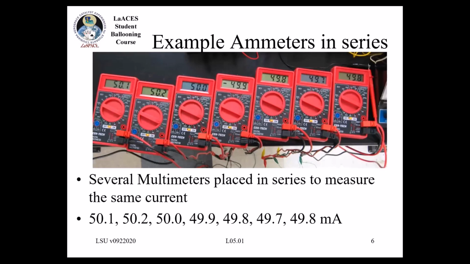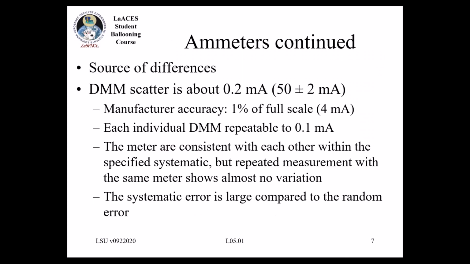It wouldn't scatter down to like 49.7. And this is important because that tells you it's a systematic error, and also that in this case, that systematic error is large compared to the random error. You don't really see fluctuations, you just get the same value over and over again.